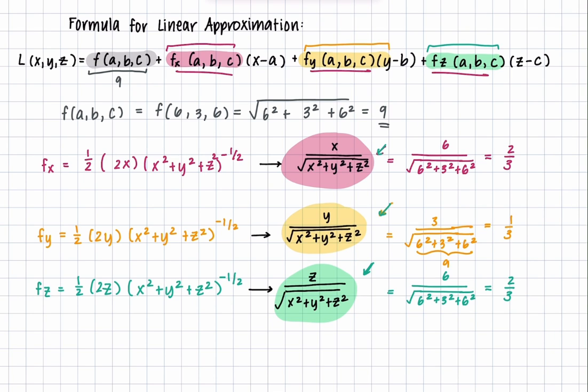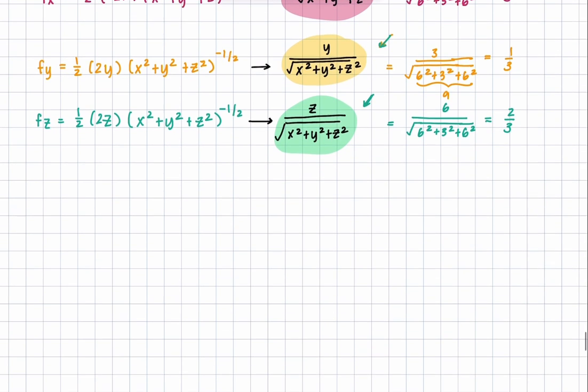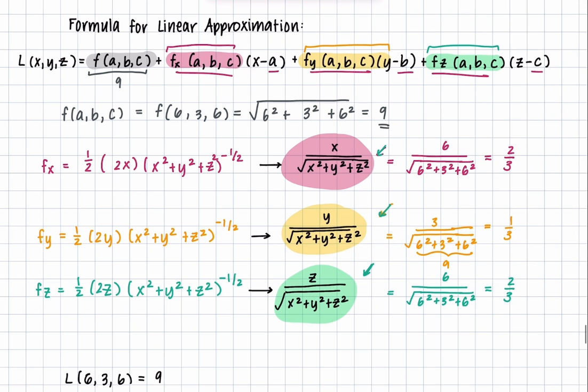And then for a, b, c, that's given in the question. So let's go ahead and finish this linear approximation. The linear approximation for this function equals 9, because that's the first part.